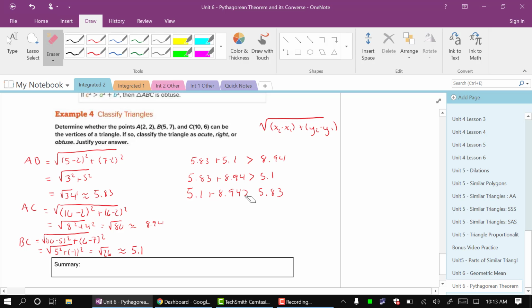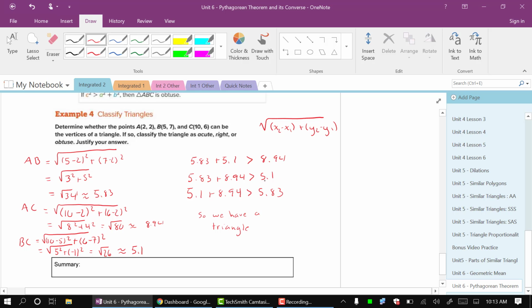Remember, this is from a previous theorem. If one of these were to fail, if two of the sides is not bigger than the third side, then we would not have a triangle. This is from previous sections. So we have a triangle.